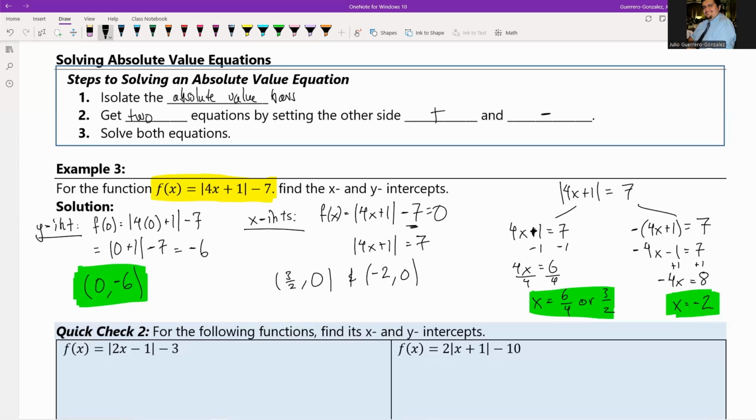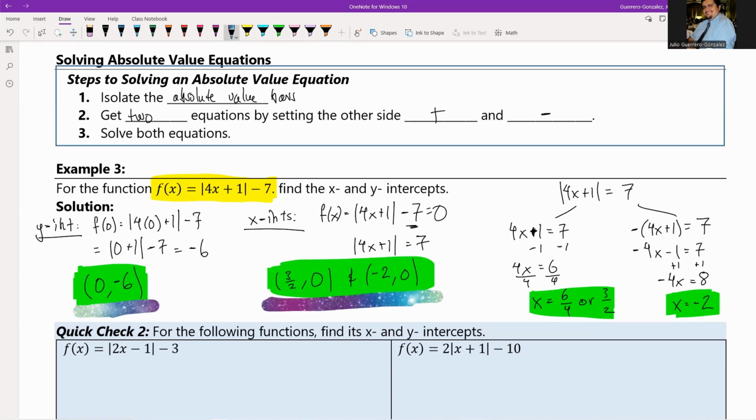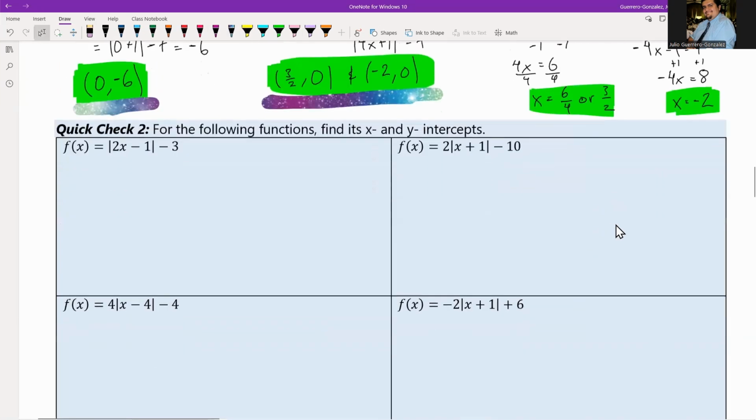So if we graphed our function f of x, we should expect our graph to have a y-intercept at 0, comma -6, and x-intercepts at 3 over 2, comma 0, and -2, comma 0. So it should cross at this y-intercept, and it should cross at these two x-intercepts right here. Okay, all right. This is a quick check for us to do in class.